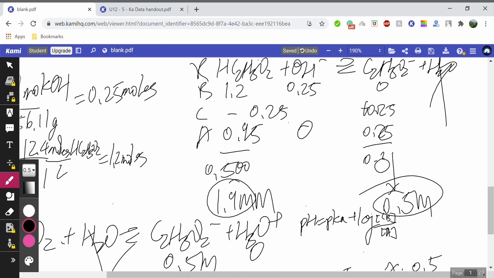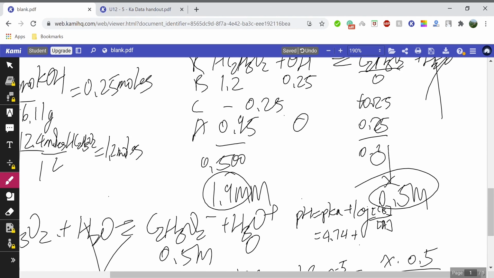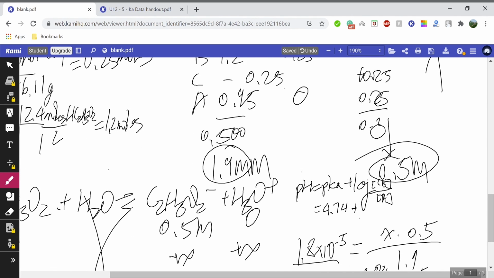So this will be pKa, right? We found the Ka, so let's take the negative log of 1.8 e to the negative fifth, which will be 4.74. So pH is going to be equal to 4.74 plus the log of conjugate base, which is C2H3O2 minus, the acetate ion.